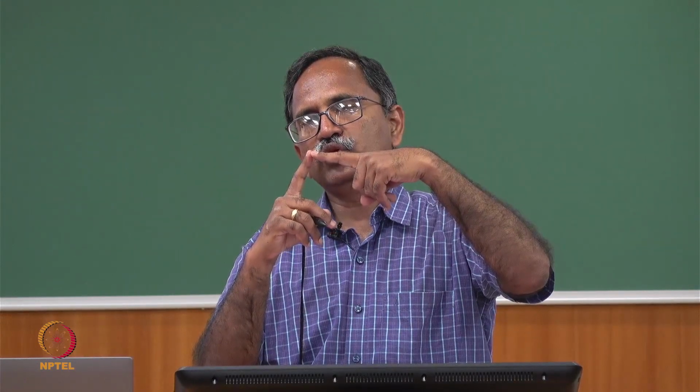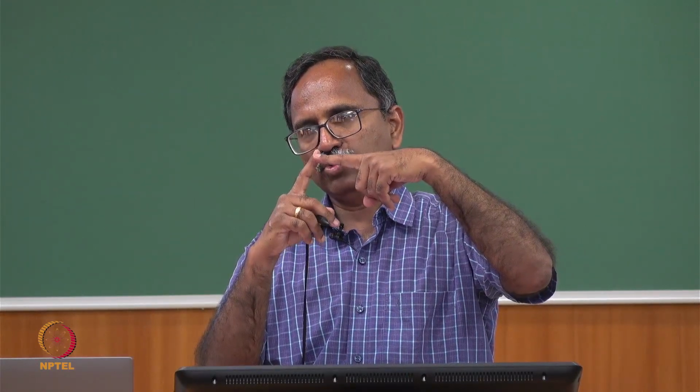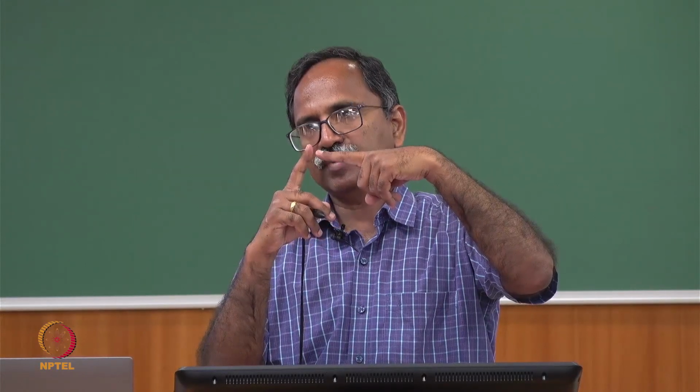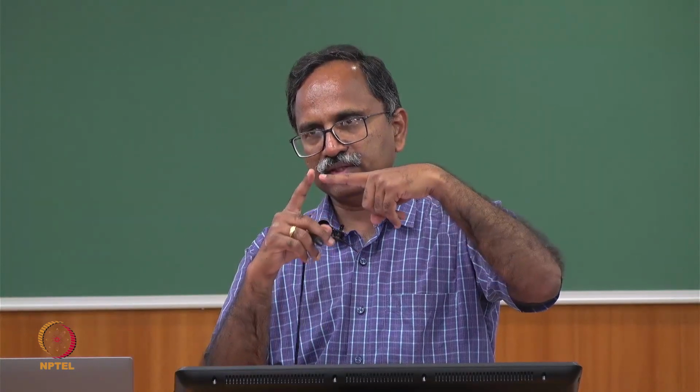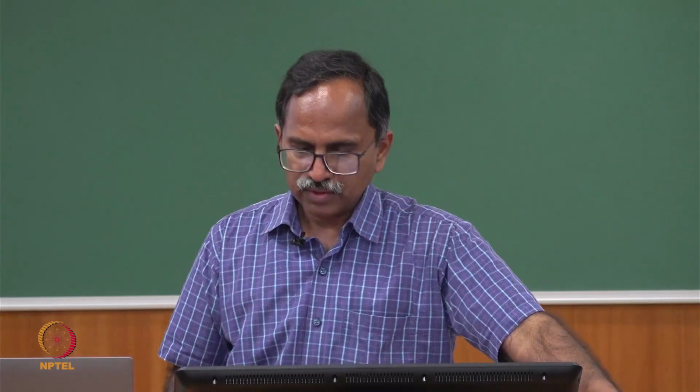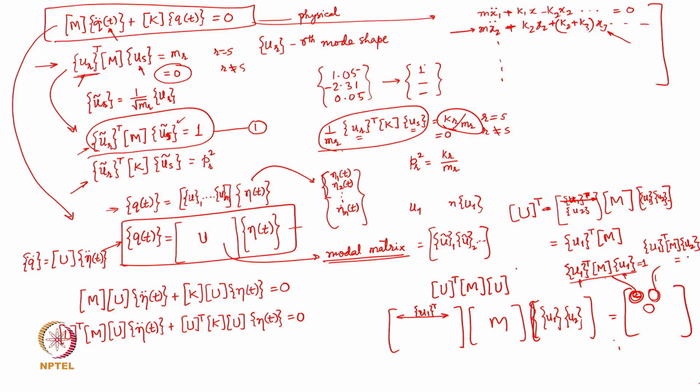So U1 transpose M multiplied by U2 is going to be 0, but if you use the same vectors, their product is not going to be 0. In that sense, all other off diagonal elements where R is not equal to S are going to be 0.